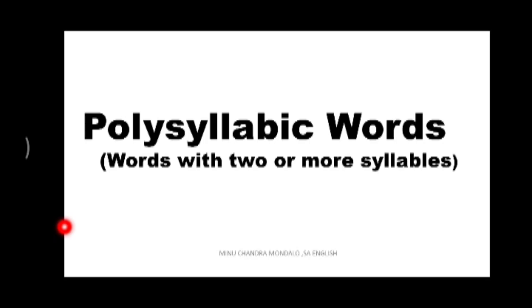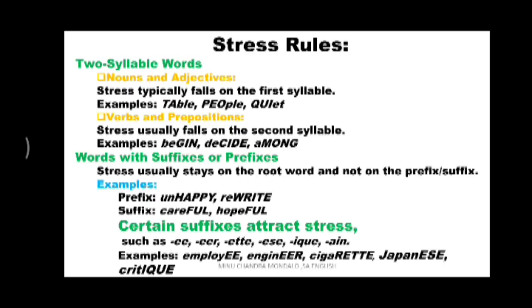If it is six syllables, then it is hexa, and if it is seven syllables, then it is septa. If any word contains eight syllables, it is called octa, and if any word contains nine syllables, it will be nona. So the words which contain more than two syllables are called polysyllabic. Let us know the stress patterns of the polysyllabic words.